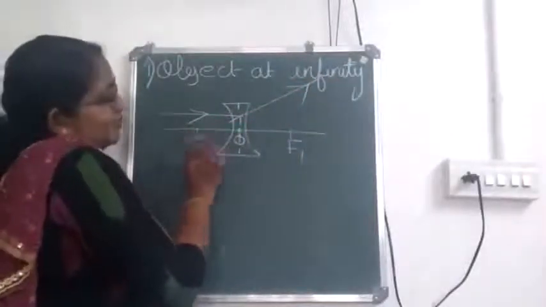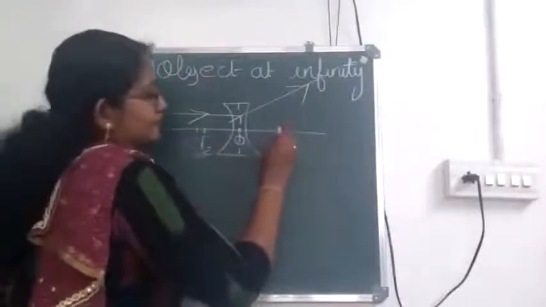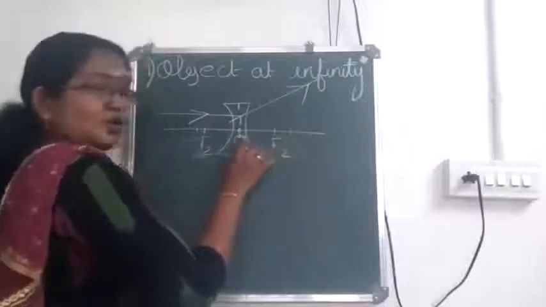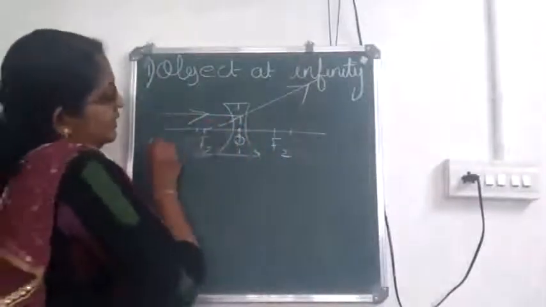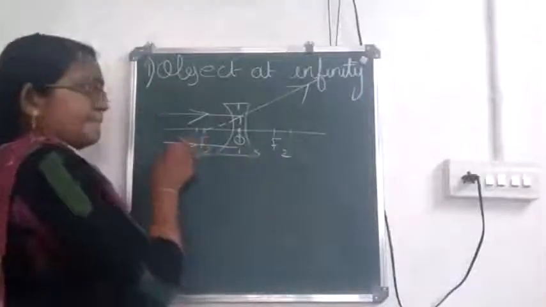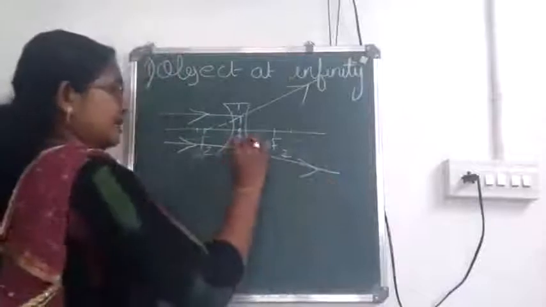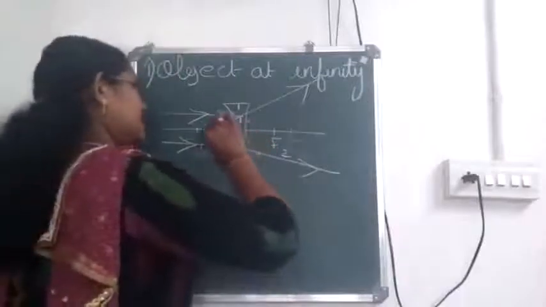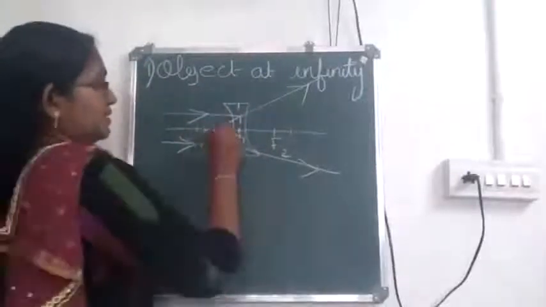I'm just moving the position of my F2. Okay, it's difficult. Lens is too short. That is the reason. Then, another ray through the bottom. After refraction, it moves like this. Then when we extend the refracted ray in the backward direction, it meets here.